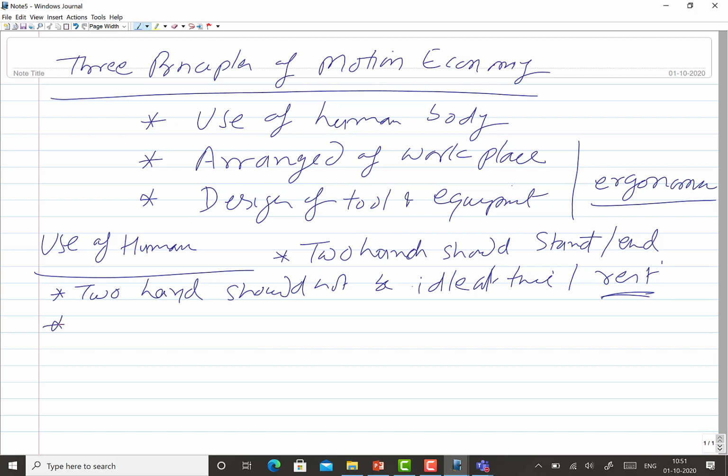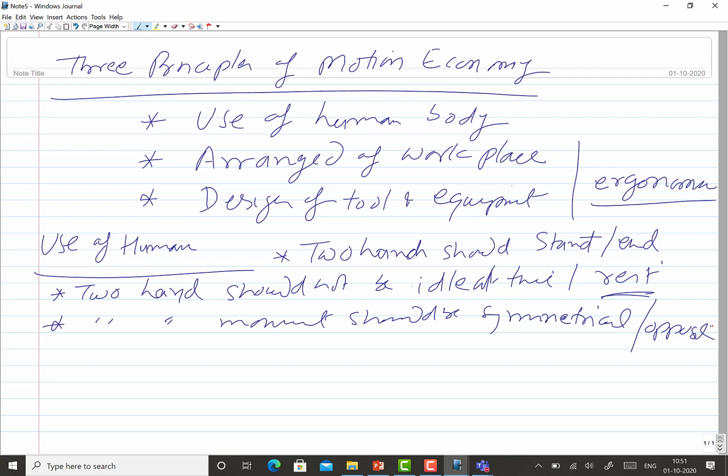Then the movement of the hands should be symmetrical. Two hand movements should be symmetrical and opposite, moving in opposite directions and at the same time.